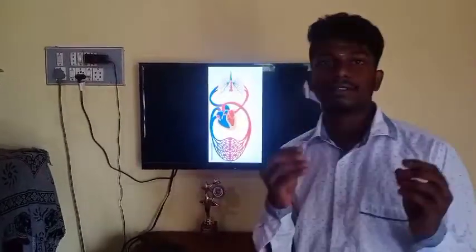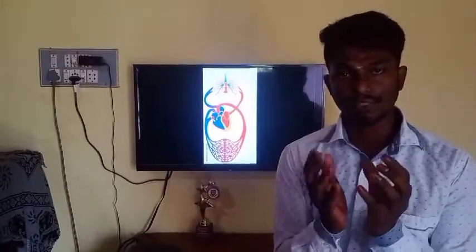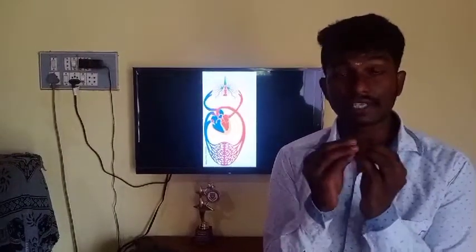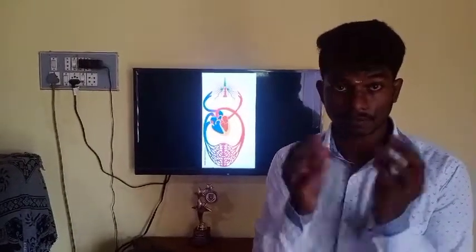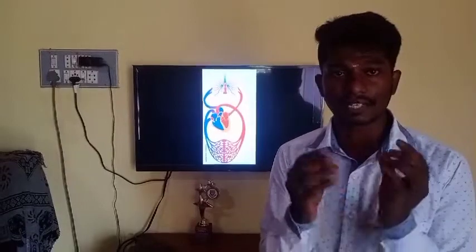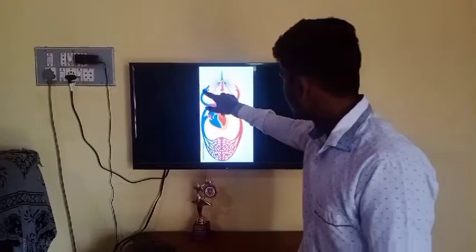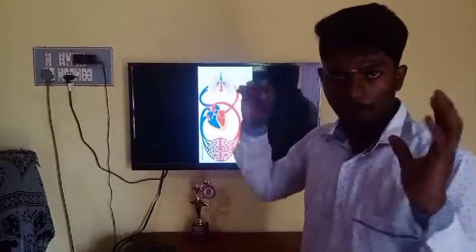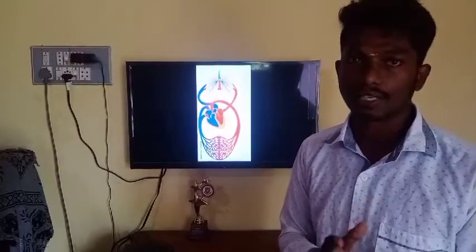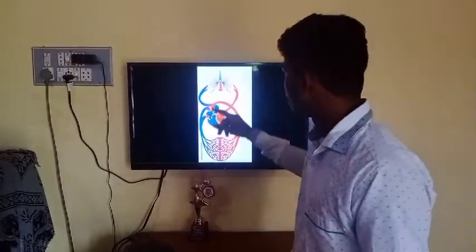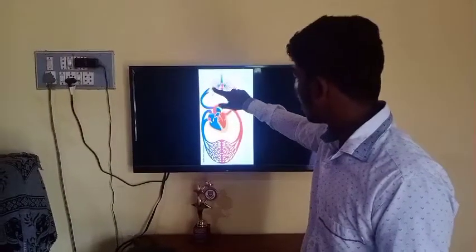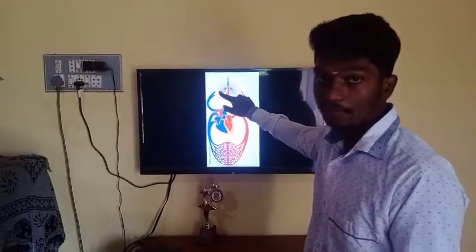The lungs have alveoli sacs where the exchange of gases takes place. The exchange of gases takes place in the alveoli, where this deoxygenated blood, means the blood that contains no oxygen, is transferred to the alveoli sacs.